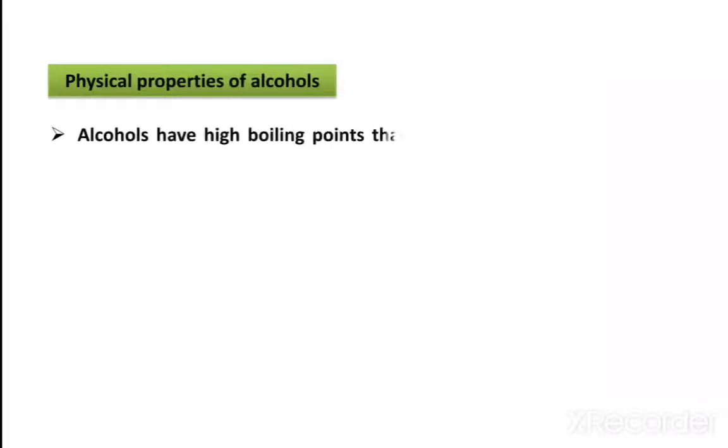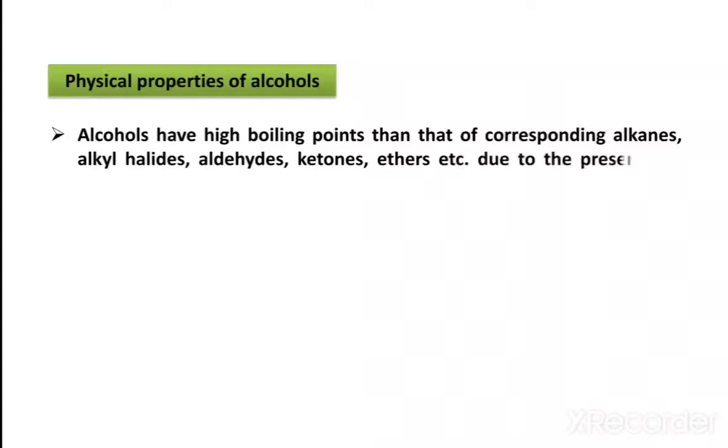Next, the alcohols have higher boiling points than that of the corresponding alkane, alkyl halide, aldehyde, ketones, or ether, due to presence of the intermolecular hydrogen bonding. Or simply, the alcohol have high boiling point. Explain why. Due to presence of intermolecular hydrogen bonding.